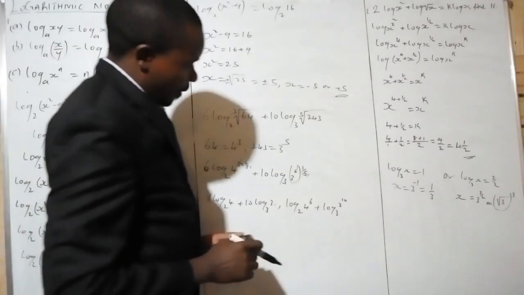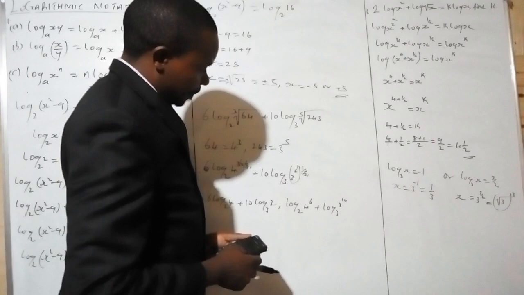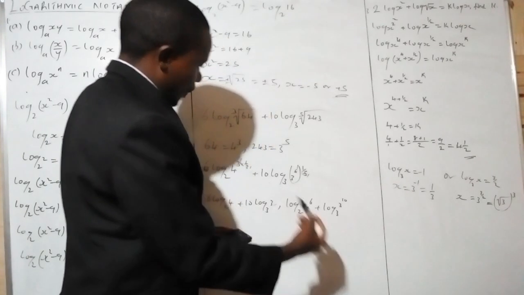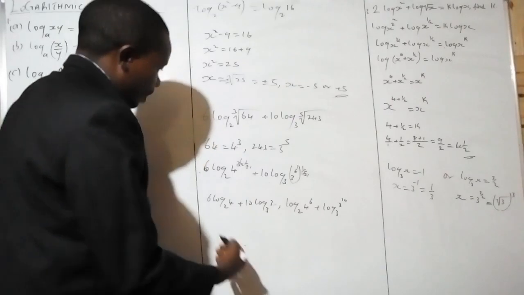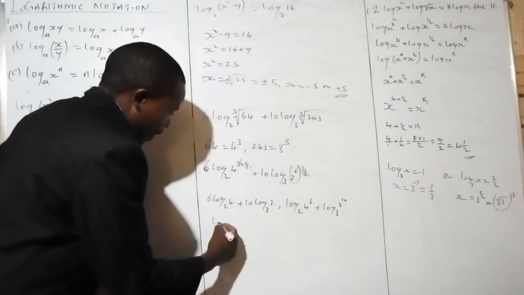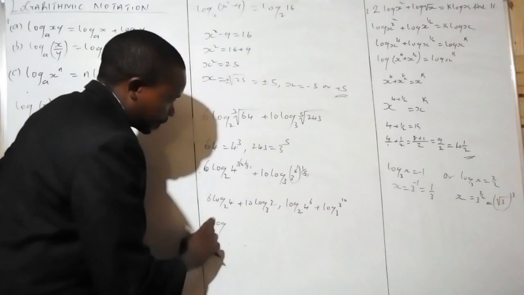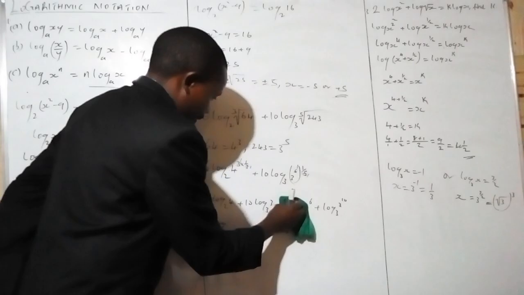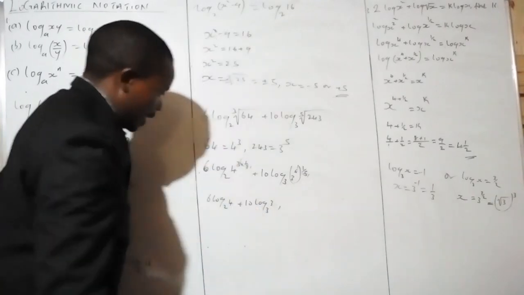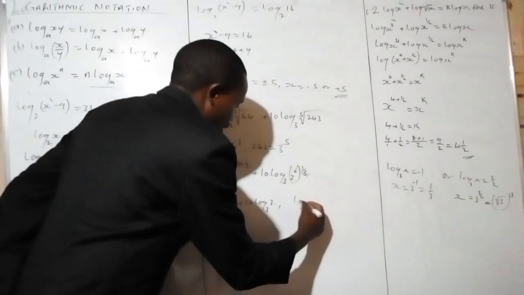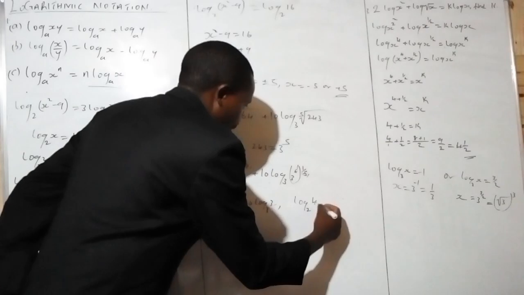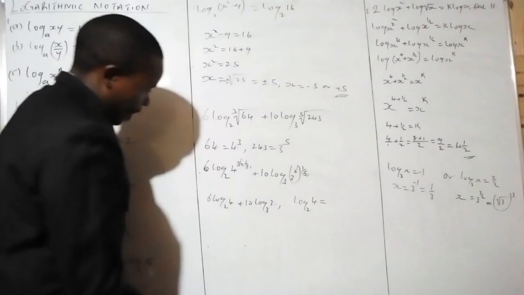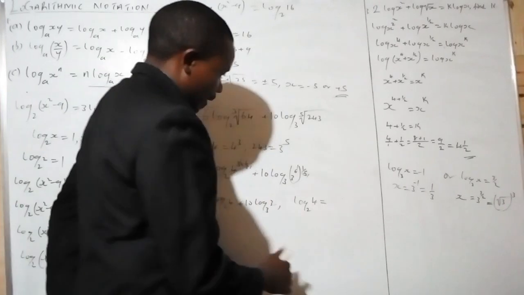Let's see. First of all, let's have log to base 2 of 4 is equal to x.